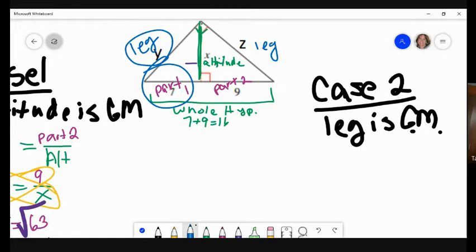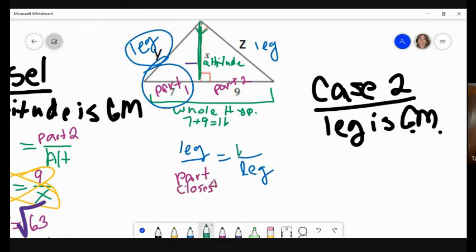So again, if we're going to set this up, our leg is going to be in our geometric mean position, and then it's going to be to our part, whichever's closest, that's the part that's closest to our whole hypotenuse. So for both of them, that's going to be the case.